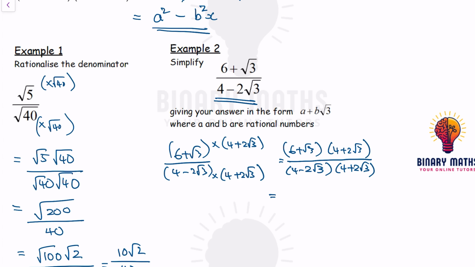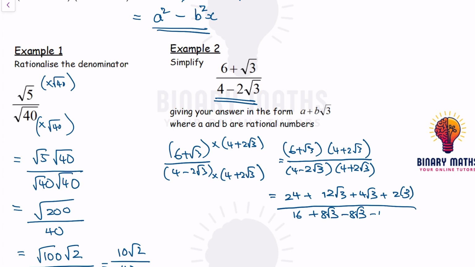When I expand the brackets, I get 24 plus 12 root 3 plus 4 root 3 plus 2 times 3. The denominator, I end up getting 4 times 4, which is 16, plus 8 root 3 minus 8 root 3 minus 2 times 2 gives me 4, root 3 times root 3 gives me 3.